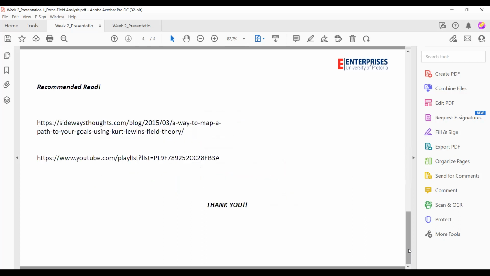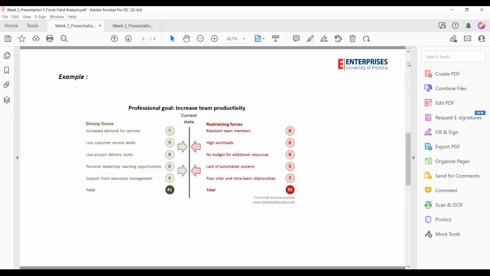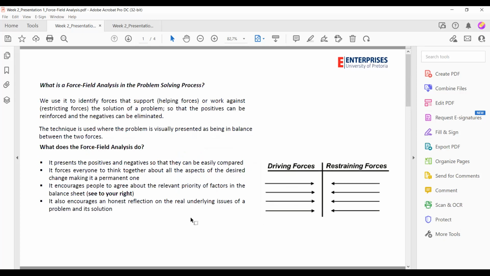And then I've just given some recommendations on reading, what you can look at and read for yourselves to get a better understanding, because I'm sure you're not going to fully understand it from me. But I was just giving an indication of what it's about.